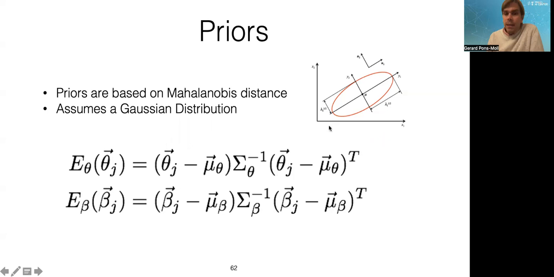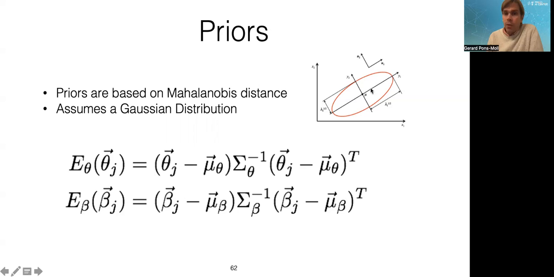So what this means is that if the Gaussian looks like this, it's stretched, you have more variance along one component. What this is saying is that this distance along this axis is basically as if this would be closer to the origin than it really is.